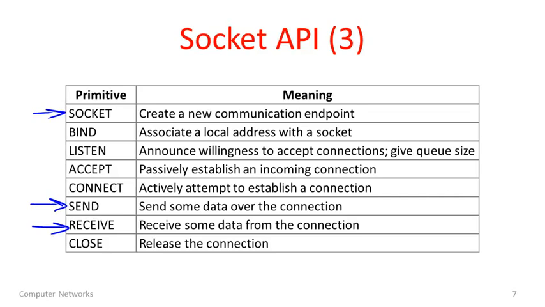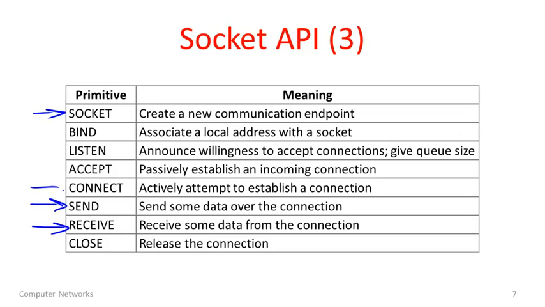What's everything else? Well, all of the other calls have to do with setting up and managing connections. When we're talking about streams, they're really analogous to a telephone call. Before you can simply send information across the network, you need to be able to set up a connection, much like making a telephone call to connect and make sure that there's someone at the other side who's waiting to receive your information.